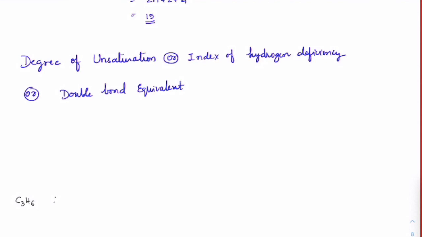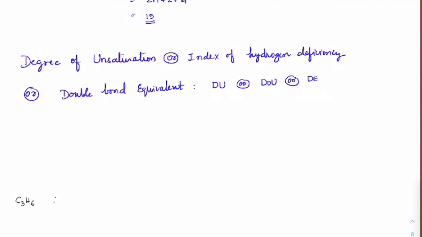Through our course, we'll be using these terms a lot: DU, degree of unsaturation, DOU, degree of unsaturation, or DBE, double bond equivalent. These three are more frequently used during our course.